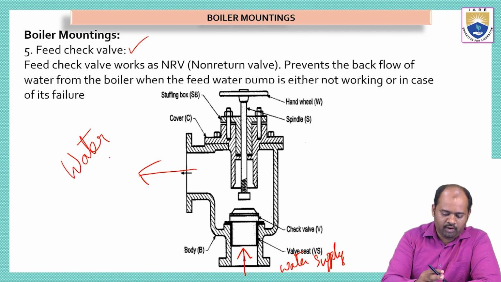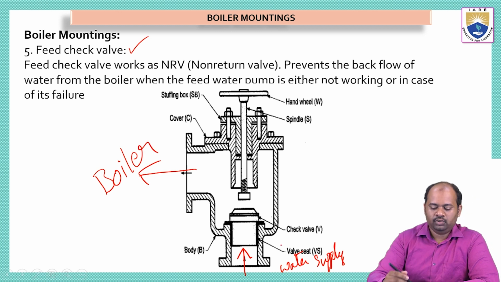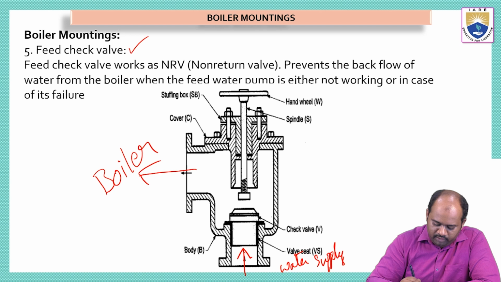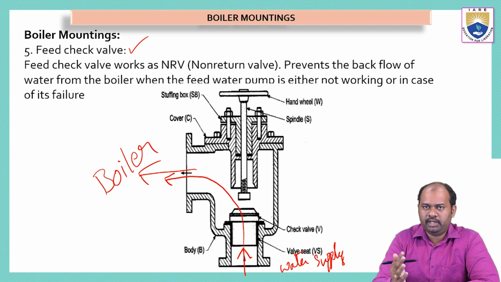On this side we have the boiler, and this is the water supply. We operate this lever by rotating it anti-clockwise so that the water from the water supply enters the boiler.